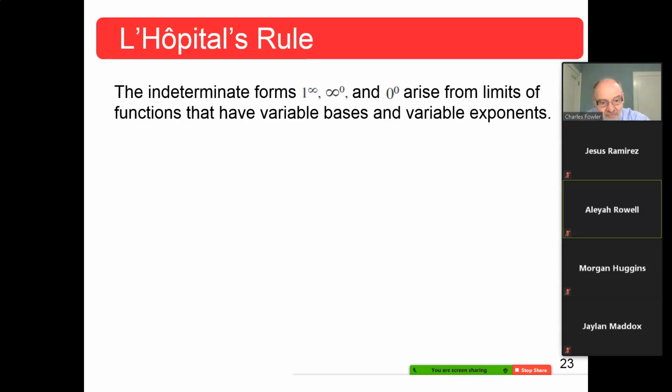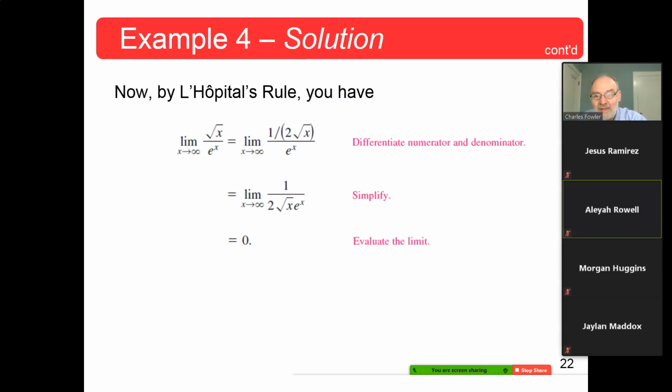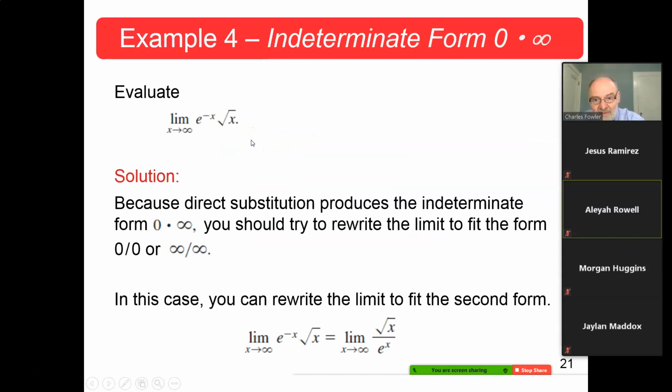So for instance, on that last problem, what if you had done this one and put this in the numerator, and this is 1 over the square root of x in the denominator, which seems like a stupid thing to do, but I mean, you could do it.